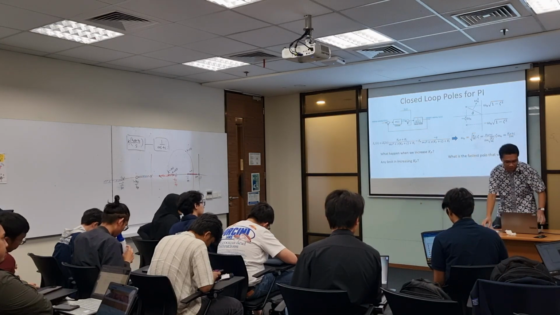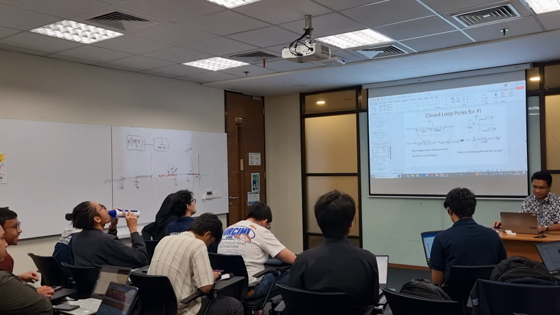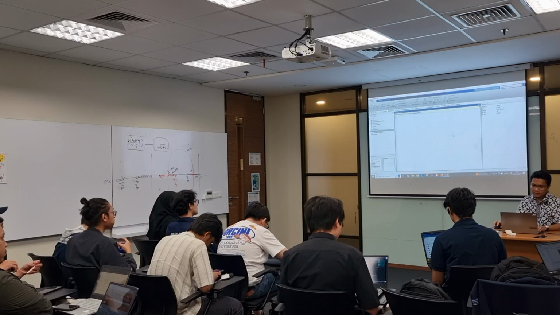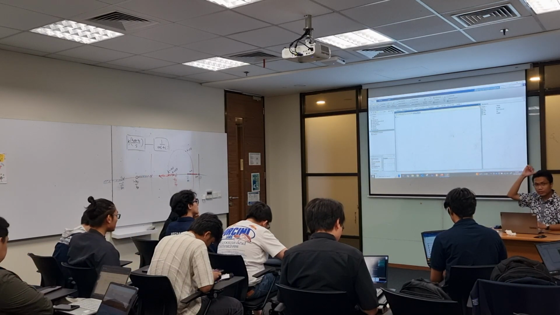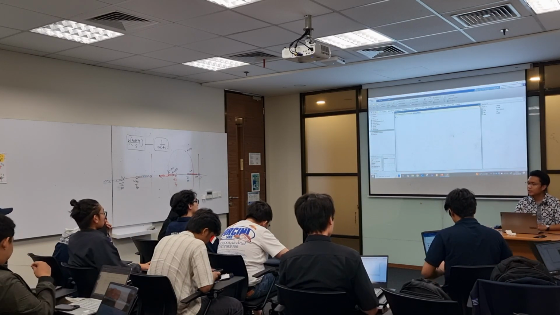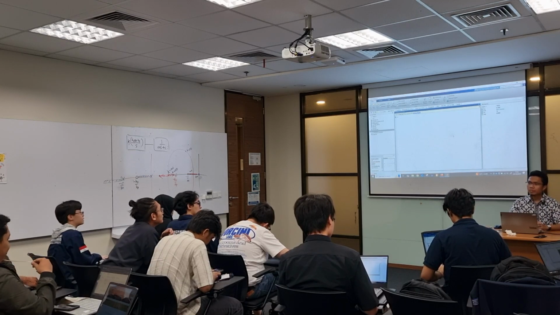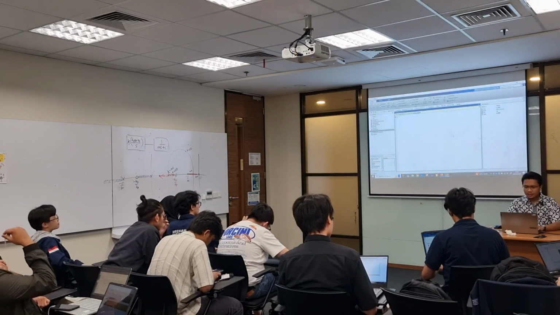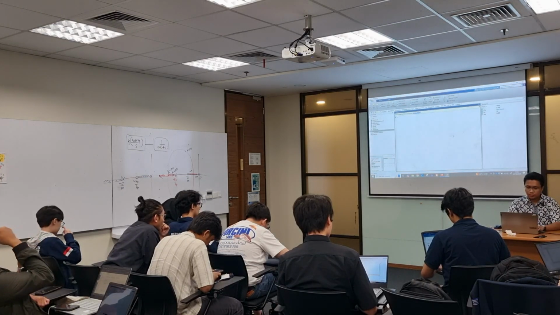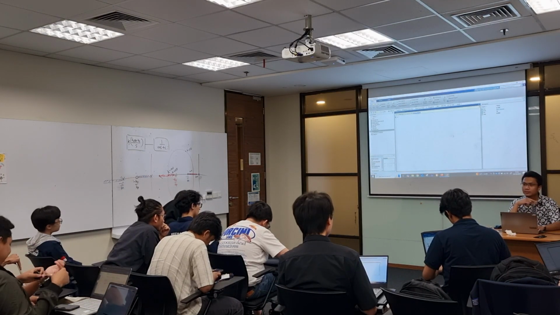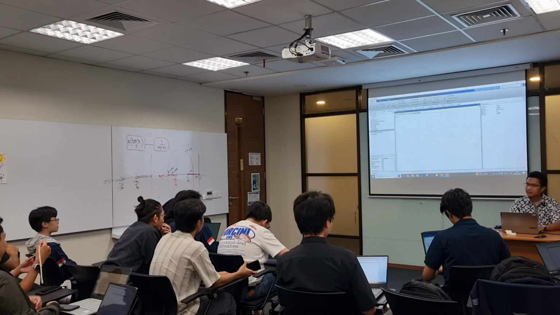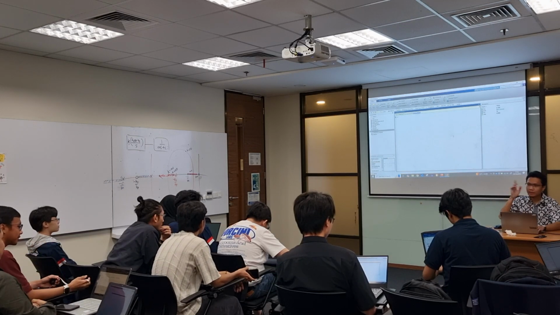Example questions. You go into your MATLAB, go to the command window. I will teach you how to do that. Let's say you define your system to have one zero and one pole, say s plus 3 divided by s plus 5.